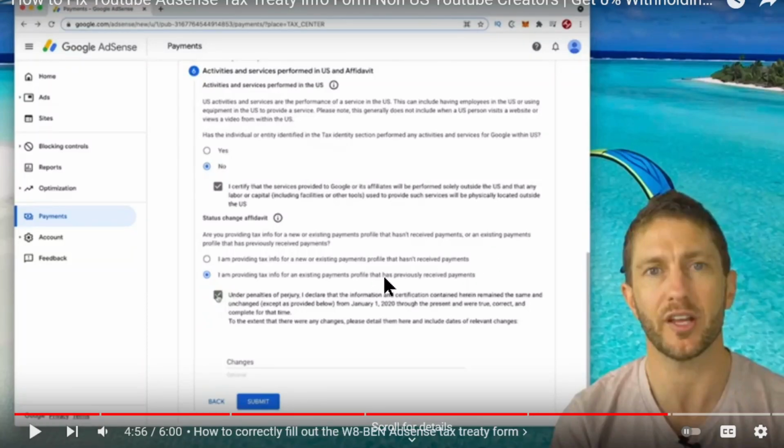Why I chose the second one is because I want to tell them that I've not received money. So when I say I've not received money, then they know, okay, we should give you your money. Which money? Whatever money I have with you that you've not given me, give me that one. But if I say I've received money, then you'll be like, okay, so you say you received money, so why should we give you money?